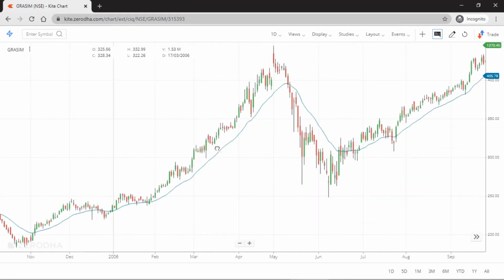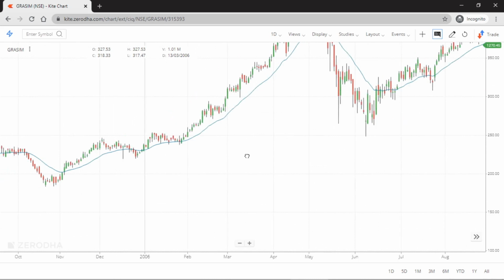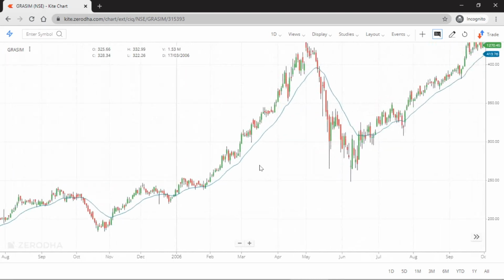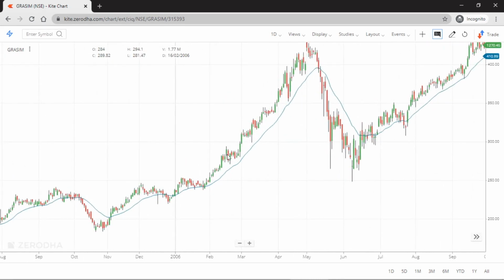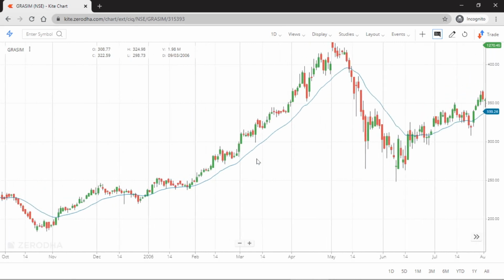So let's take a look at this indicator and how it can help a trader to follow the trends towards the greater profit. So this is a day candle. So this will define a period as a day, and it is a 21 days EMA.